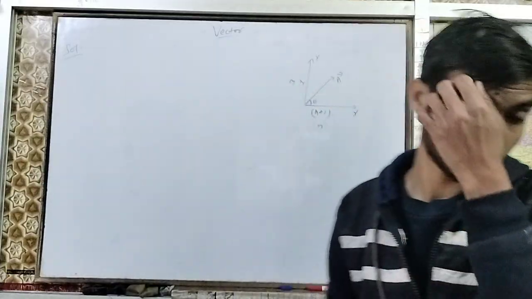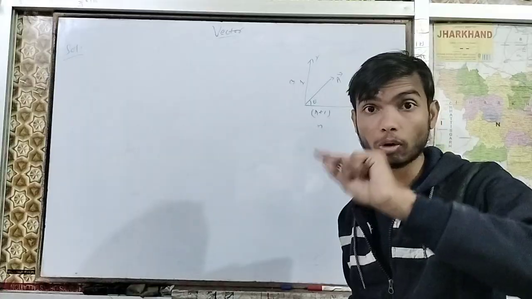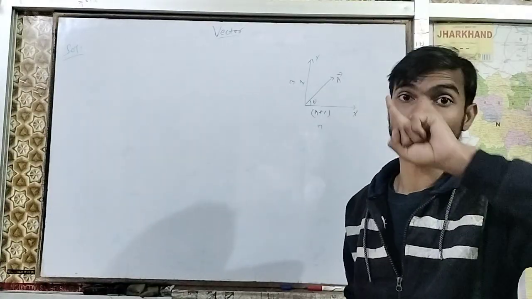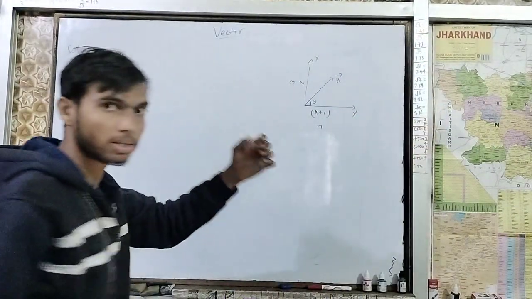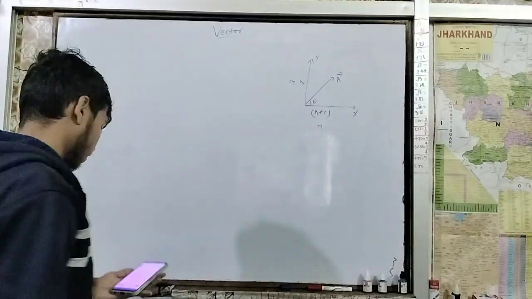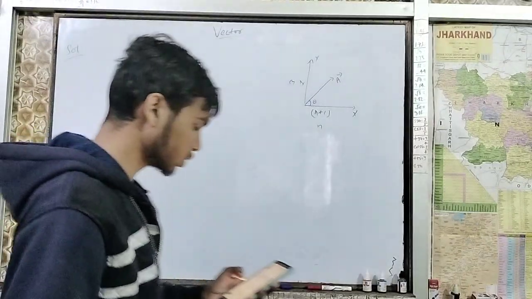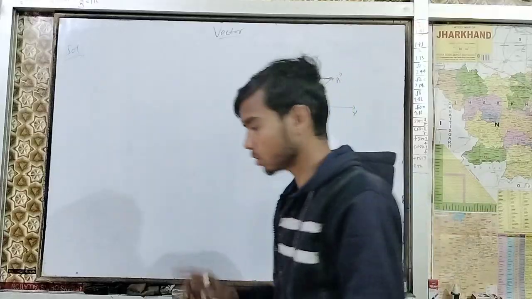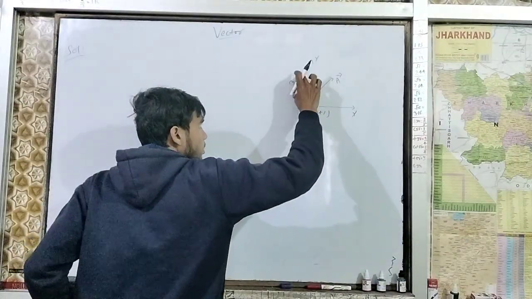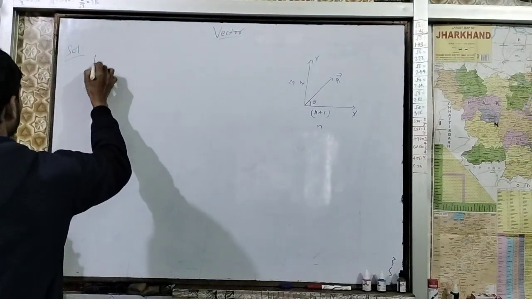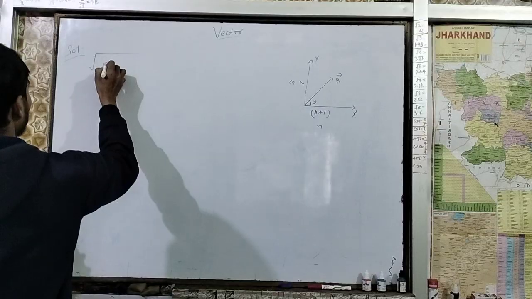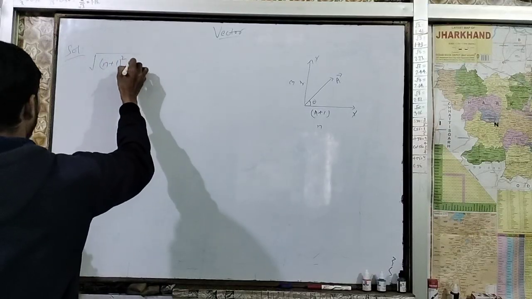We saw this concept while discussing vectors: if we rotate a coordinate system, the direction will change but the magnitude will be the same. The length of the vector does not change on rotation. So the length will be the same, and you can say this component plus this component gives the magnitude. Am I correct? So just write the square root of (n plus 1) raised to power 2 plus 1.